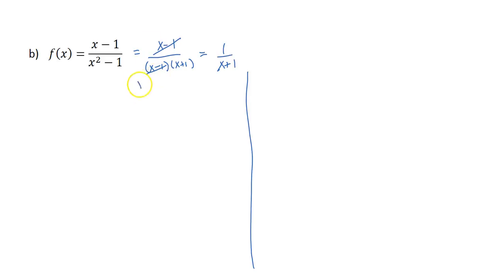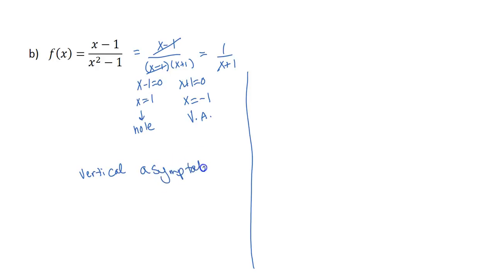So the x minus 1 equals 0, or x equals 1, is going to be a hole in the graph, whereas the x plus 1 equals 0, or the x equals negative 1, is going to be a vertical asymptote. So in this case, we would say we have a vertical asymptote at x equals negative 1. So that's one way that you can look at it.